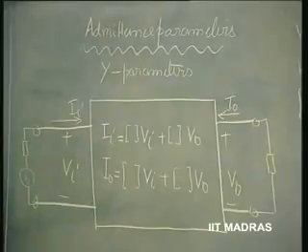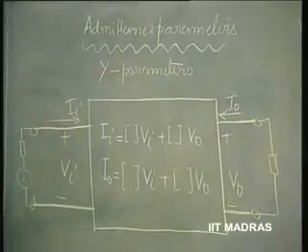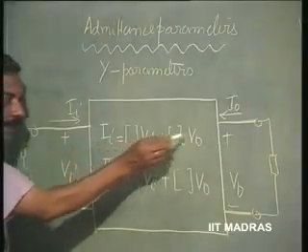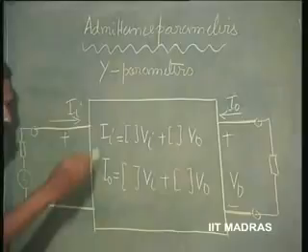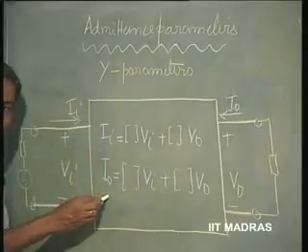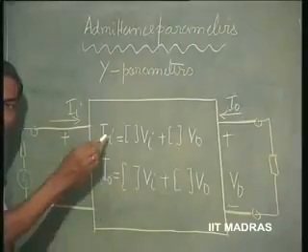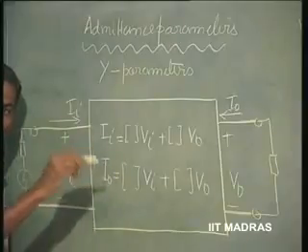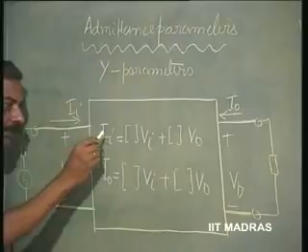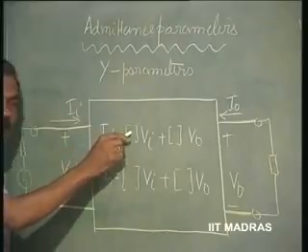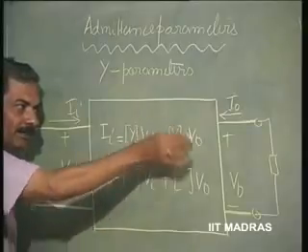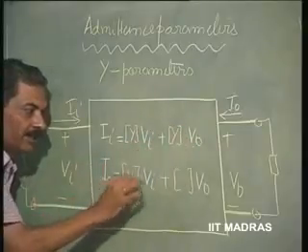The independent variables are Vi and V0 as against Ii and I0 earlier. So Vi and V0 are independent variables and Ii and I0 are dependent variables. What it means is Ii and I0 are expressed in terms of Vi and V0. So that means Ii is some Y into Vi, again Y some other into V0.